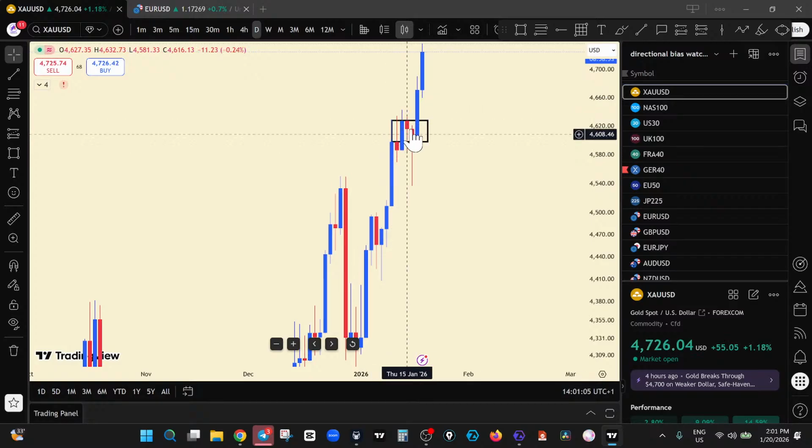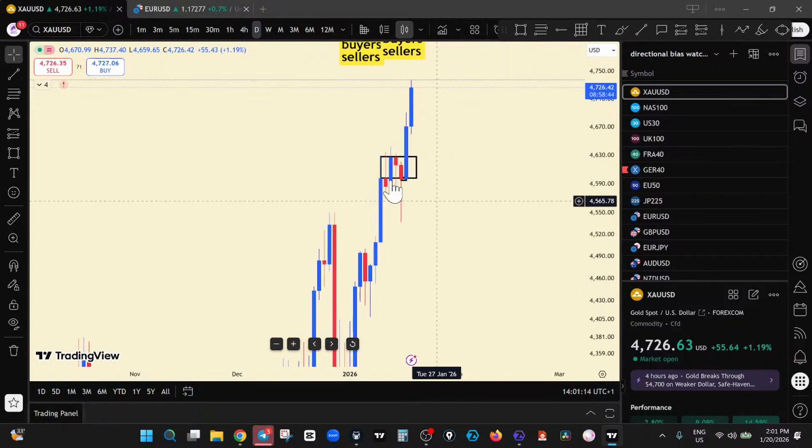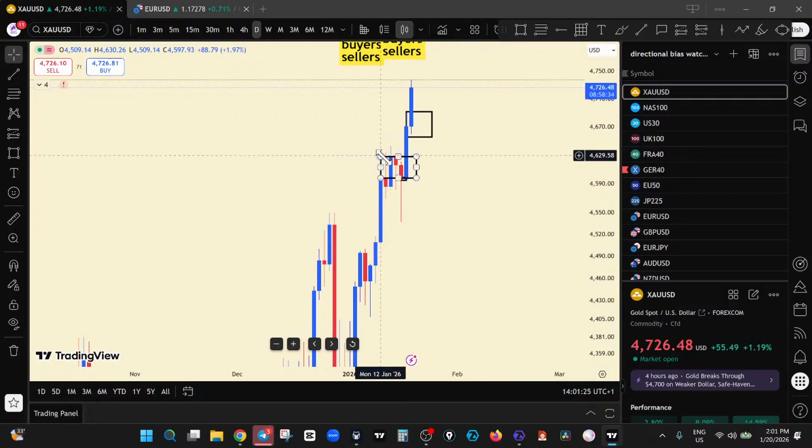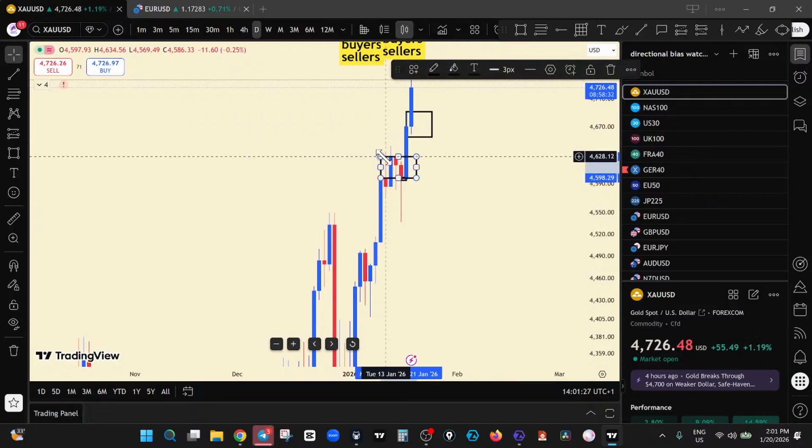And what happened? Market consolidated too. If you want to understand it more, go to the lower time frame. You are going to see that this is consolidation. And from there, it pushed up to this wick here, and this wick is consolidation. This is an area of balance. All right, that is where the big players are doing the business.